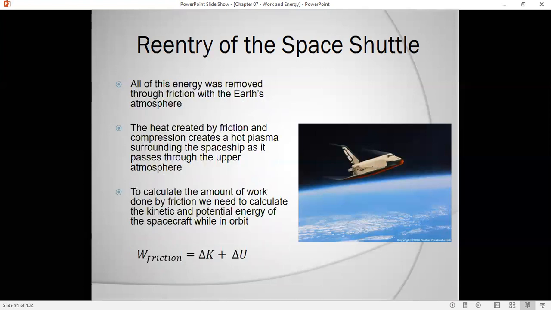And the way that the shuttle would dissipate all this mechanical energy that it gained in orbit, kinetic energy and the potential energy, was basically by having work done on it by friction. So again, you wanted to land this thing, you had to get the kinetic energy down, so your change in kinetic energy was negative. You get your potential energy down, so your change in potential energy was negative.